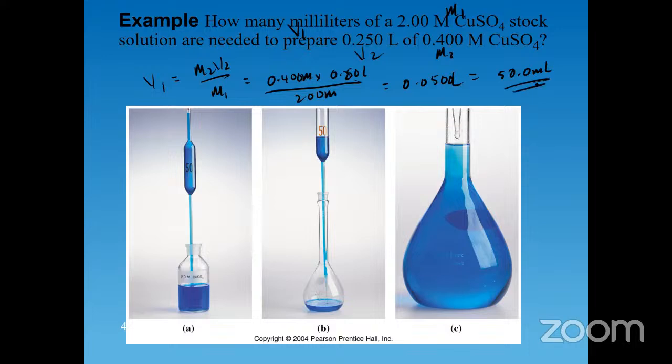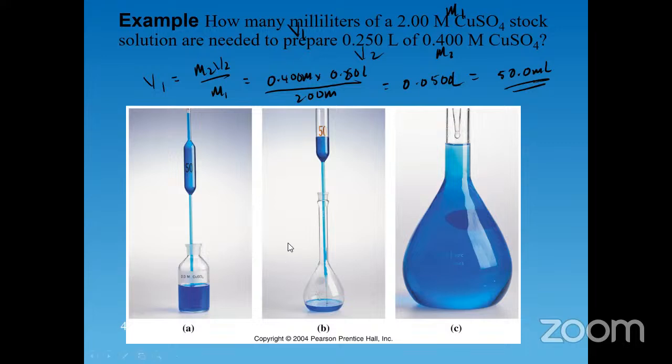So that's basically how we do the type of calculations that we need to do in order to determine the volume of the more concentrated solution that we need to dilute in order to make the solution of the required concentration. And the pictures that you see here are basically demonstrating how this is actually done in lab. In practice, we did not do this exactly the same way in the lab this week.